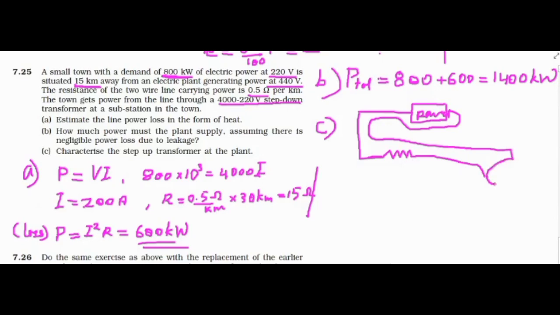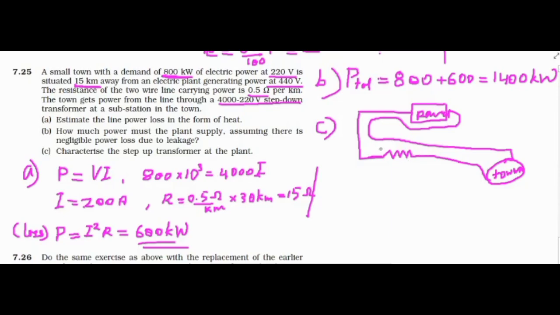And the next load is the town, so all the devices in the town. So here the power is produced and transmitted. Total, we can consider it just like two devices connected to a circuit.